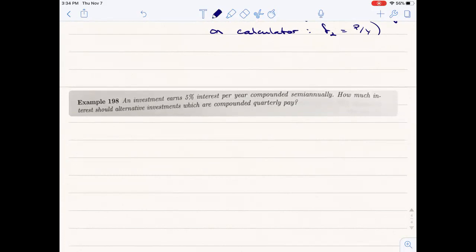How much interest should alternative investments, which are compounded quarterly, pay? So now we're moving from compounding semi-annually to compounding quarterly.